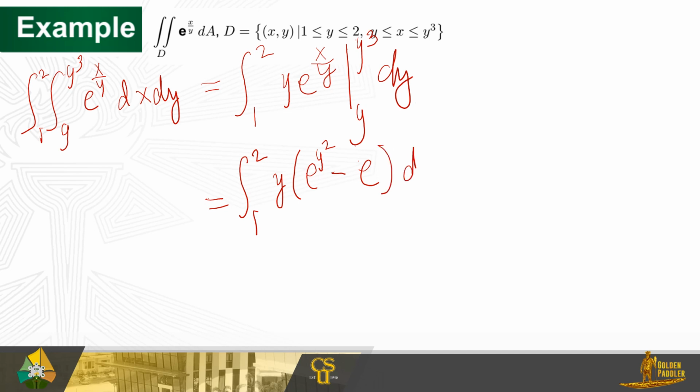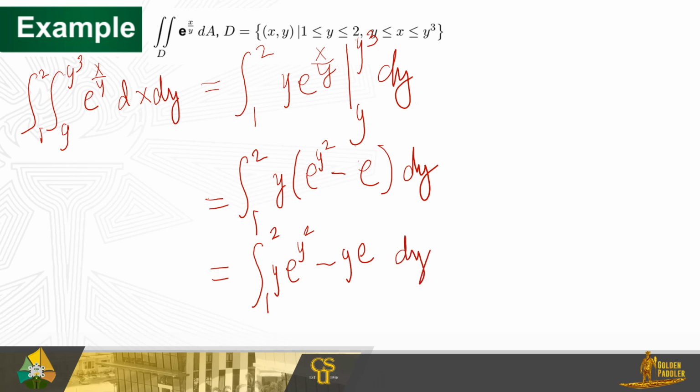Then dy. Or we can have this one like this: the integral from 1 to 2 of y e to the y square minus y e to the 1, then dy.